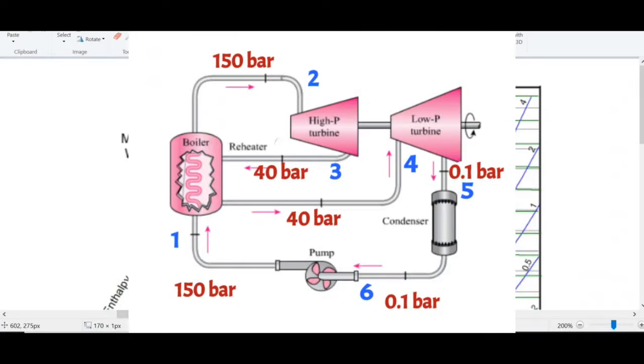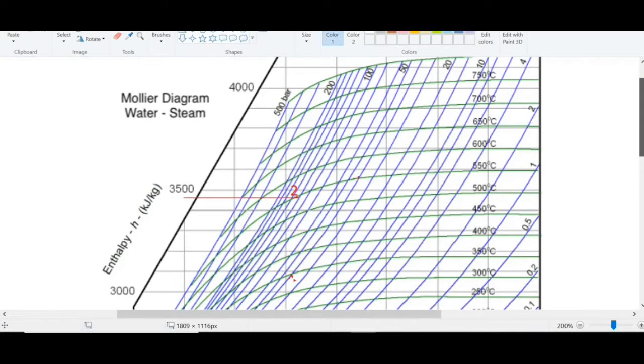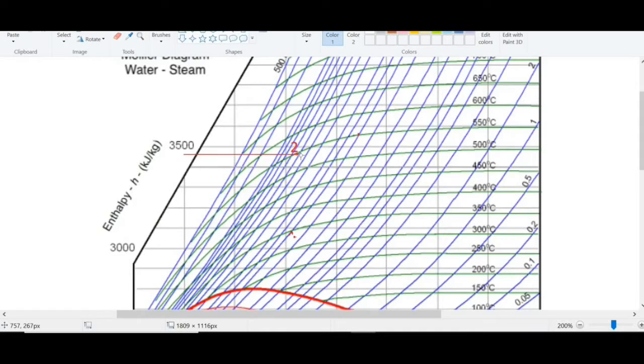Then what is happening in the high pressure turbine? The expansion is taking place, and after the expansion the pressure is equal to 40 bar. We have to show this isentropic expansion, which means entropy will remain constant. So again we have to select one line and extend this point up to 40 bar.